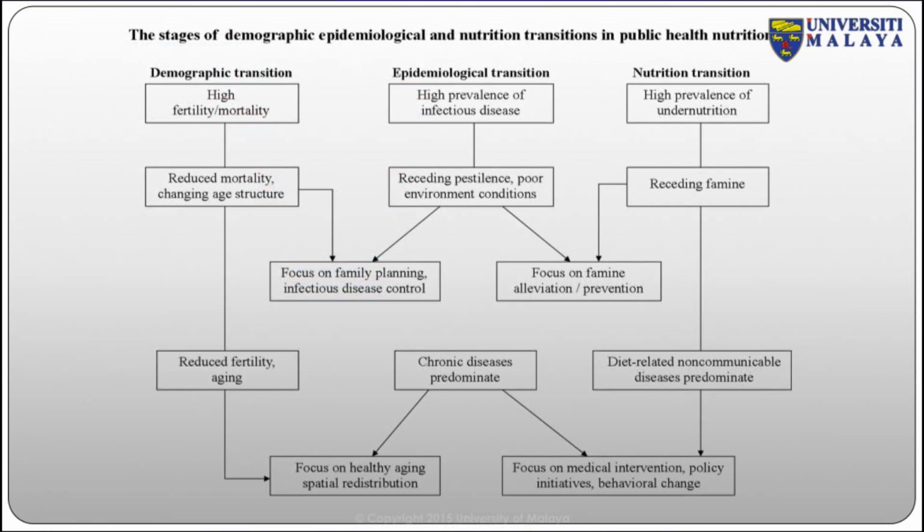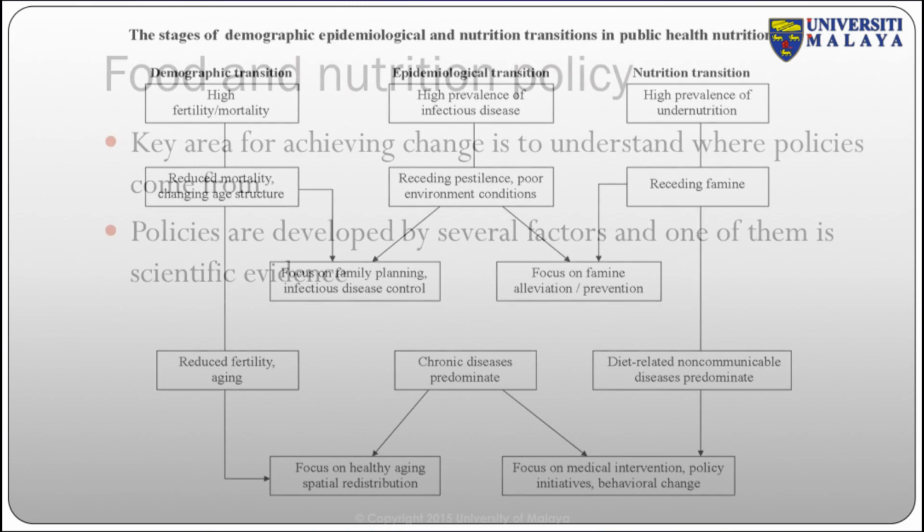There are several stages of demographic, epidemiological, and nutrition transition in public health nutrition. Focusing on nutrition transition, the prevalence of undernutrition has reduced due to receding famine, that is, a shift to diet-related non-communicable diseases.